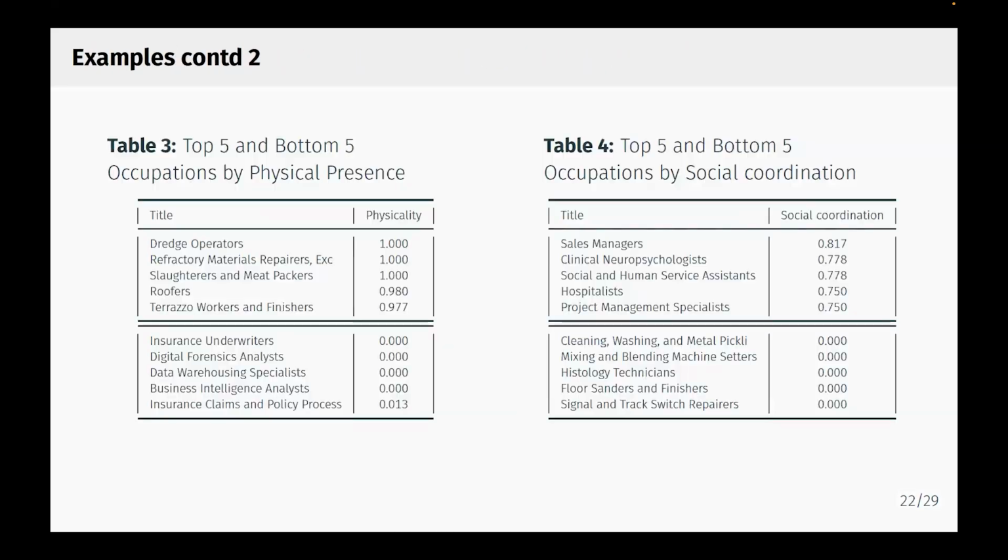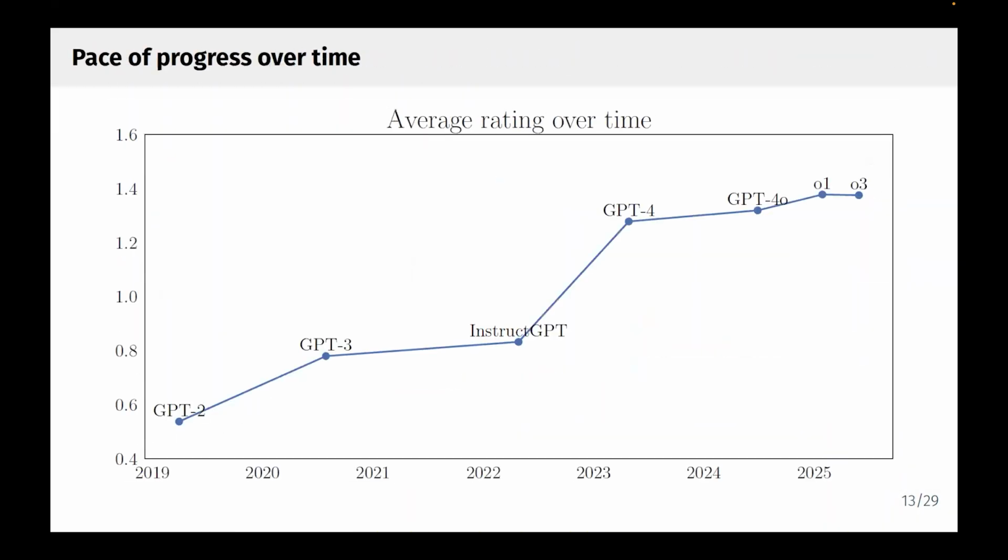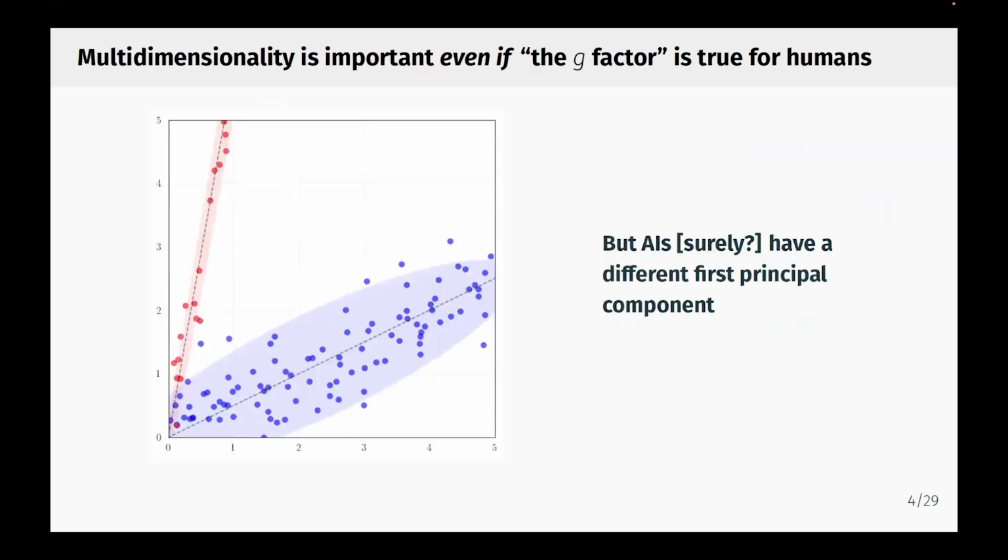If you think back to the early graph we looked at, suppose both are a straight line with only one principal component that explains all the variation, it still matters if AI and humans are different. So that's the punchline for why you should care about this. Anyway, thanks.